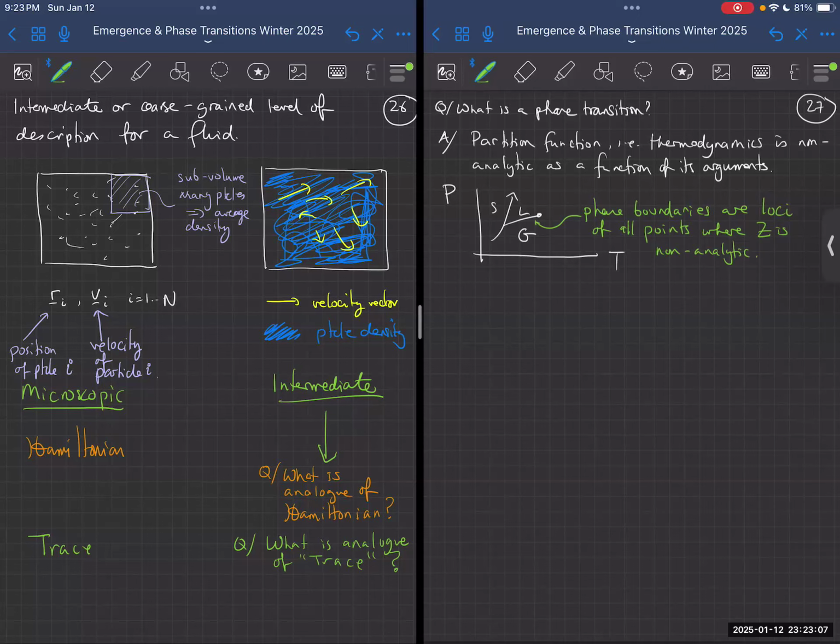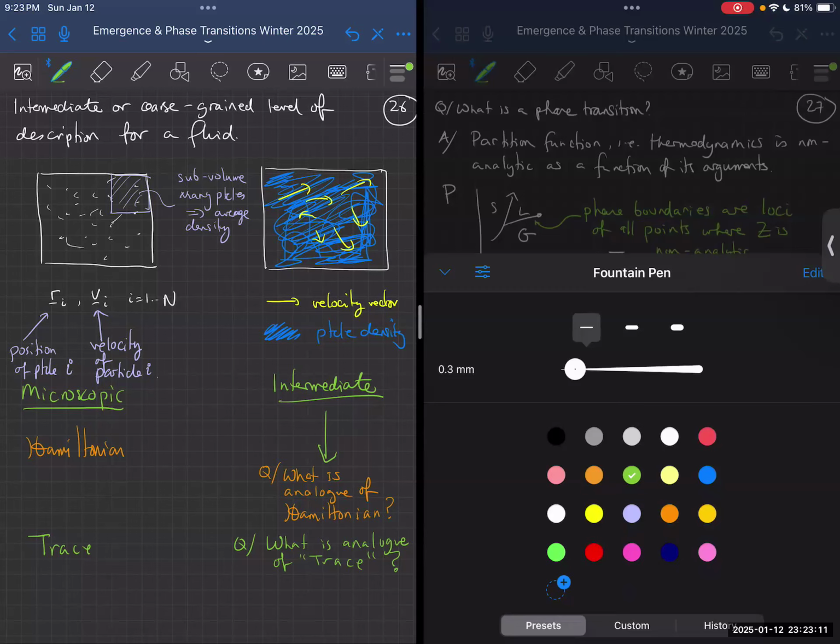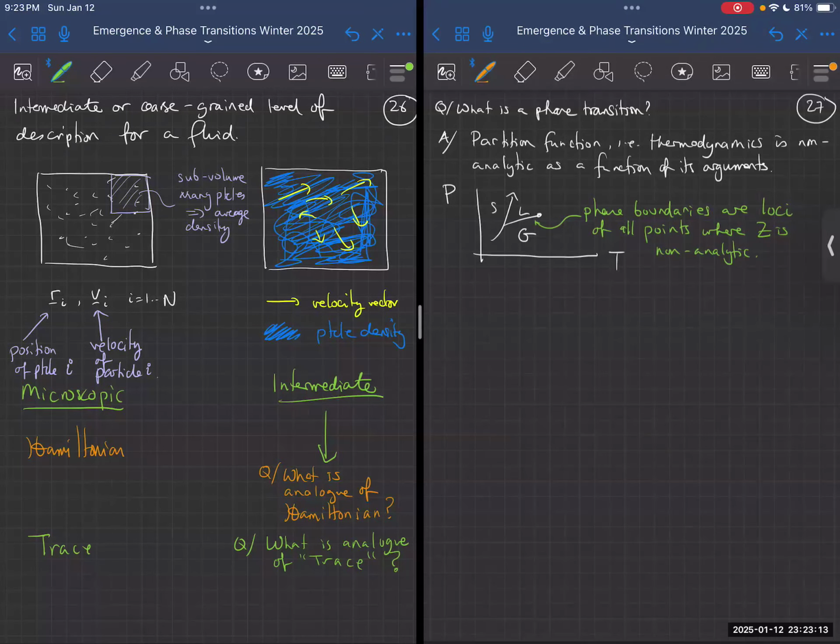Okay, so that's what it means. So now let's talk about the Ising model. If we look at the Ising model, we can ask, can the partition function of the Ising model be non-analytic? Is that possible?